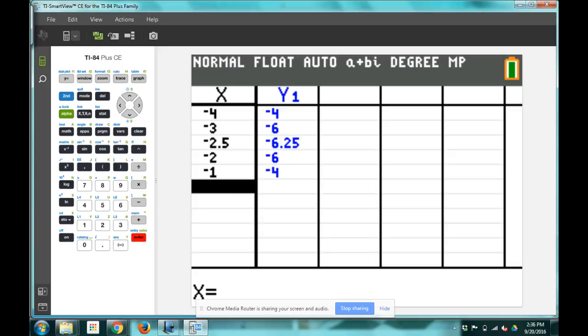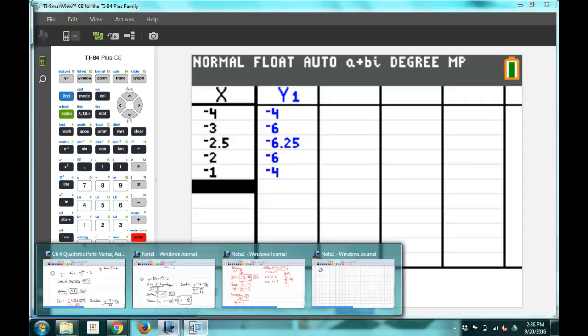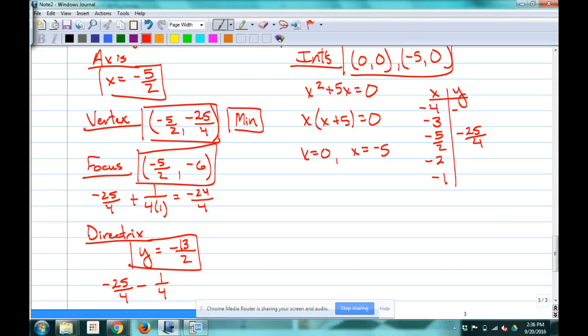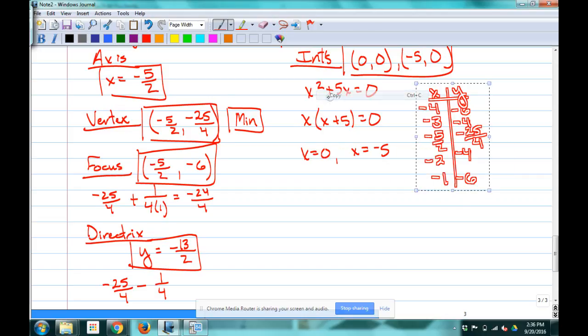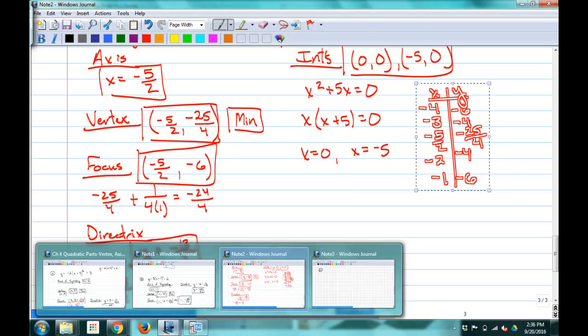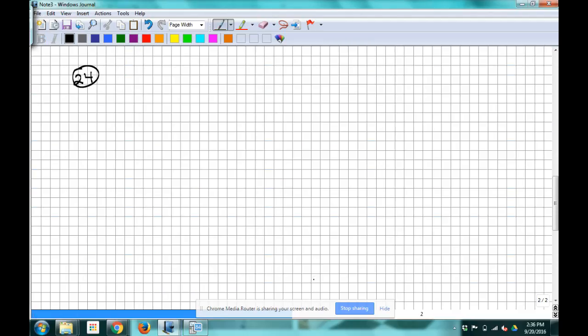I get my ordered pairs that go with that. Negative 6, negative 4, negative 4, negative 6. Those are what I want to go and graph on the coordinate plane over here.